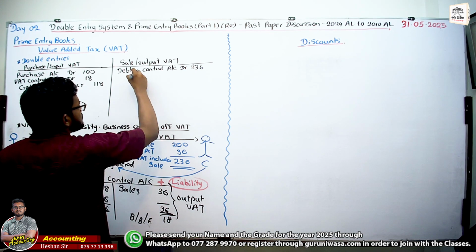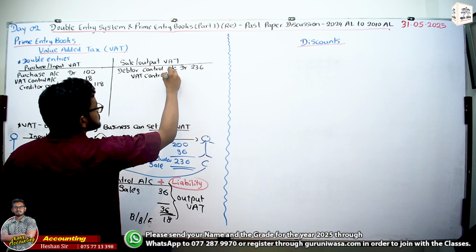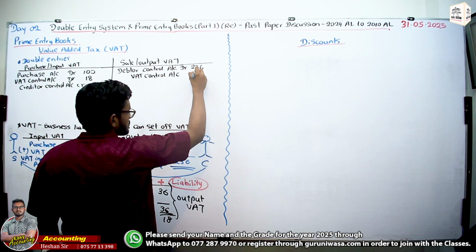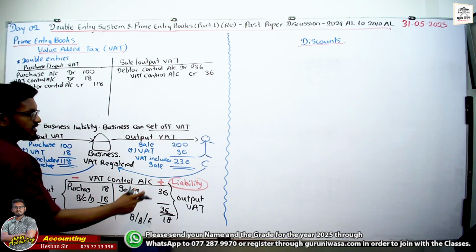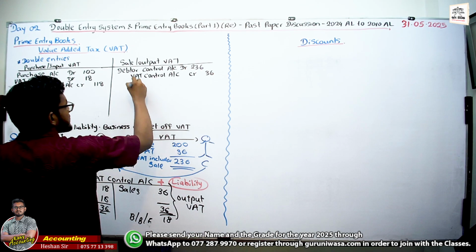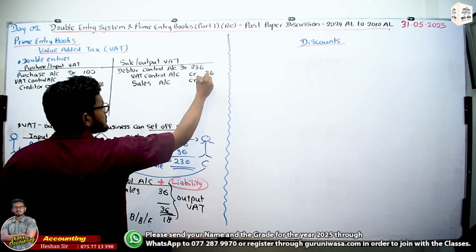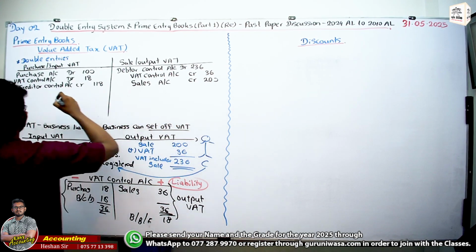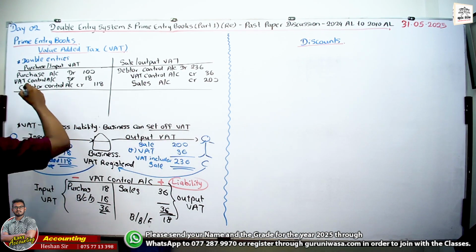But our VAT control account credit 36, including the VAT. This is VAT. When we charge VAT, it is a liability to the business. Sales account credit 200. Our actual sale is 200. Is it clear to you guys? Right.